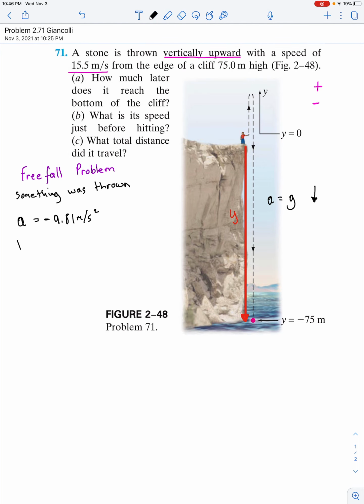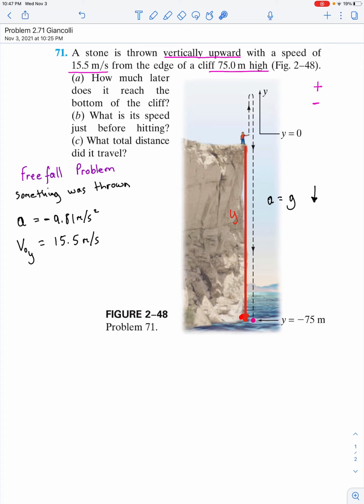So my initial velocity, I'll put it as v0y, just putting it there to say that it's vertical. It's 15.5 meters per second. How do I know that it's velocity or speed? Because they told me, but it's because of the units, meters per second. All right. Now I keep reading and I go from the edge of the cliff 75 meters high. So I know the cliff is 75 meters high.